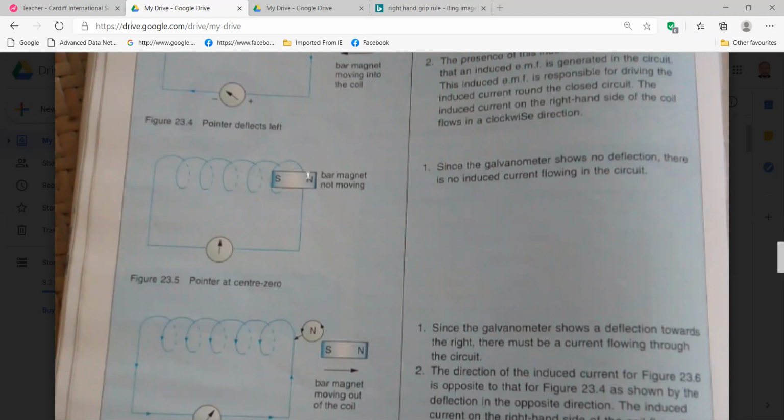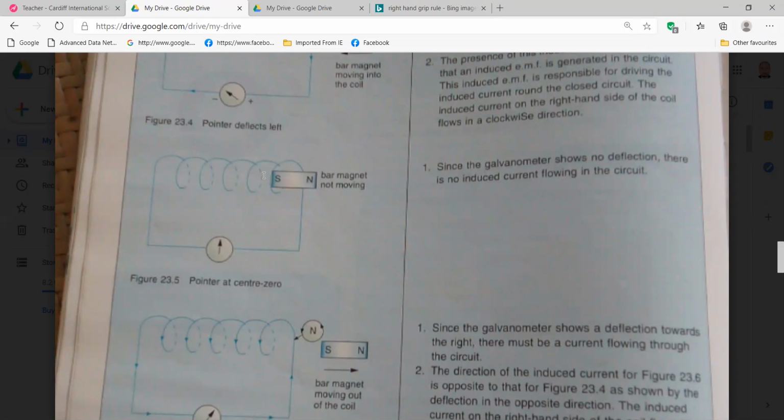Then the magnetic field lines get cut. In other words, we say there is a change in magnetic flux, because as you take the magnet closer to the coil, you have more flux density inside the coil. It is changing frequently, and because of this change we are getting the EMF. If it is stationary in one place, we are not getting a change in magnetic flux. That's why we are not getting any induced EMF.